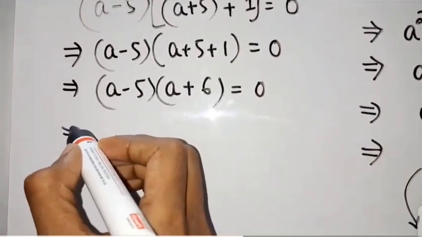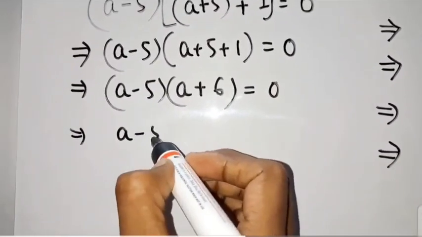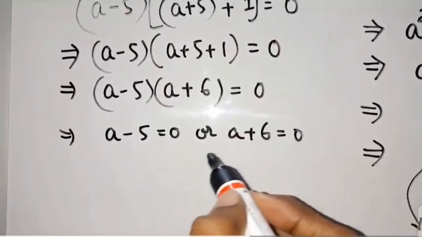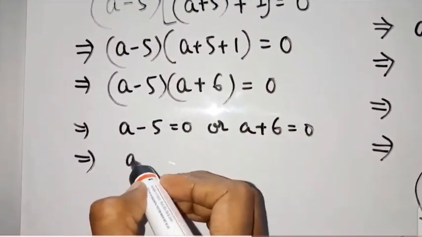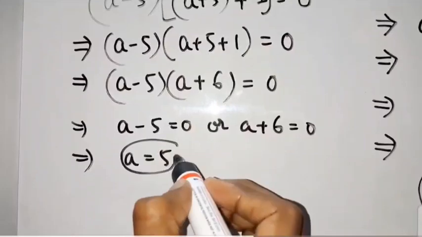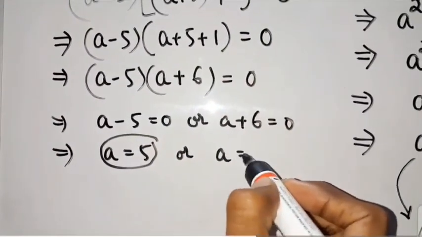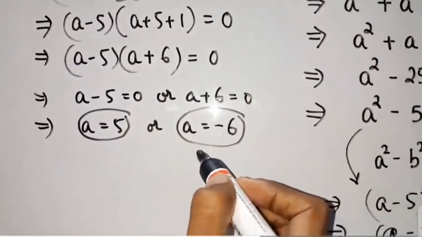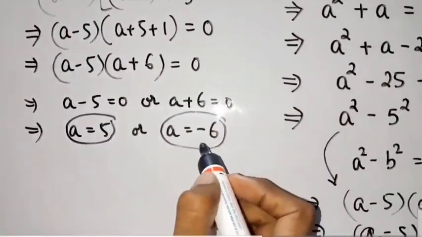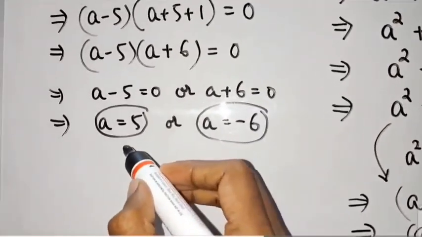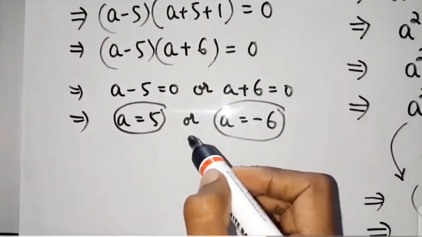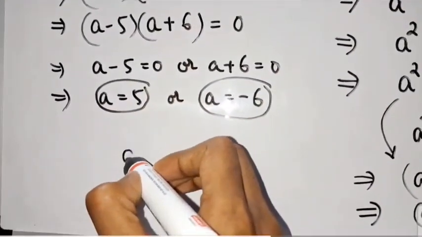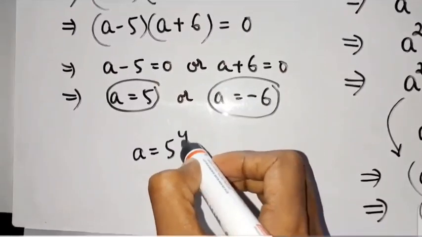What can we write? Either a minus 5 equals 0 or a plus 6 equals 0, from which a is 5 or a is negative 6. We can have these two values. Now, we don't want a, we want y, because our equation is 25 to the power y plus 5 to the power y equals 30, and we substituted a as 5 to the power y.